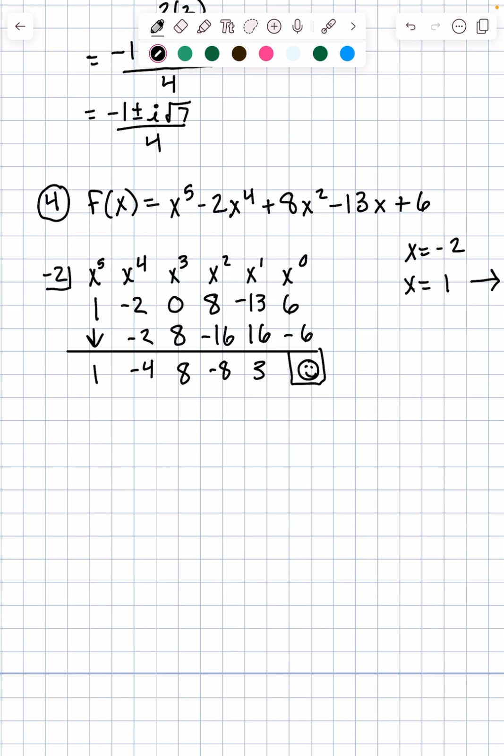Okay, and we want to continue doing this because I don't want to try to solve for x, because this would be an x to the 4th problem, right?